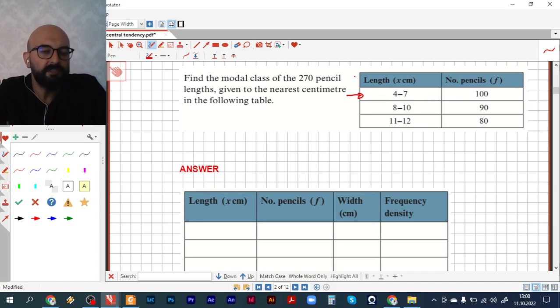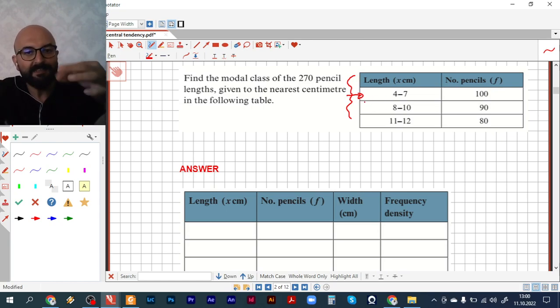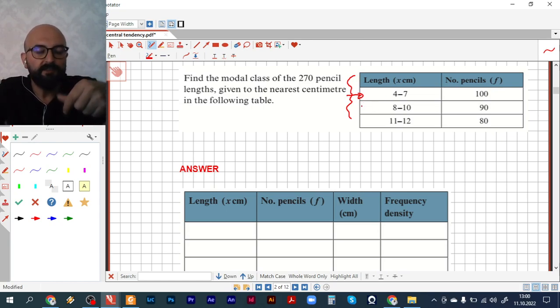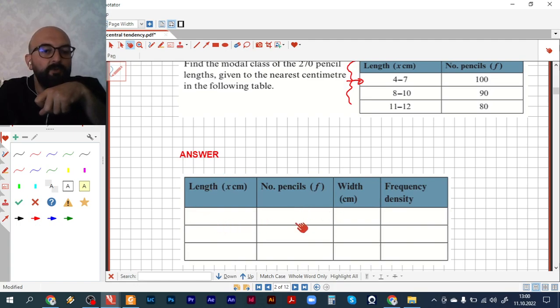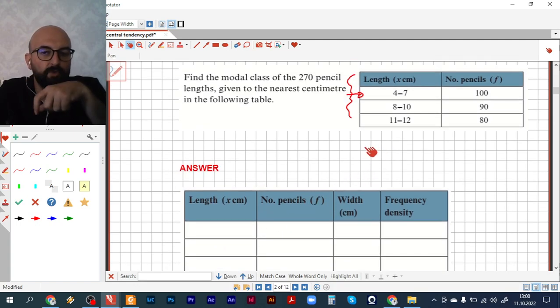So we can't see the exact value. So if we want to find the mode, which is called the modal class, we should use frequency density. But we need to arrange a new table, because if you pay attention, our values are discrete values, but it should be continuous values.